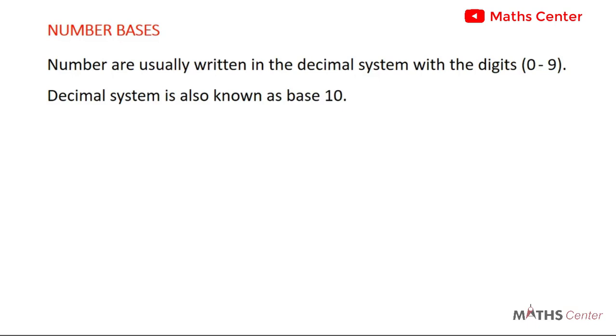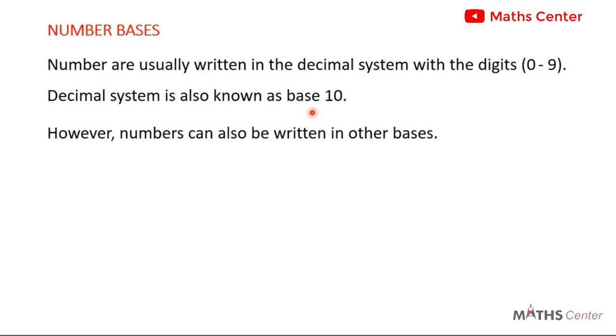If you check the numbers that you use, you can think of the numbers 2, 3, 4, 23, 25, 45. We use the digits 0 to 9 to write those numbers, and that is called the decimal system. The decimal system is also known as base 10.